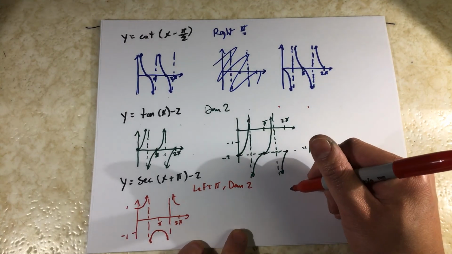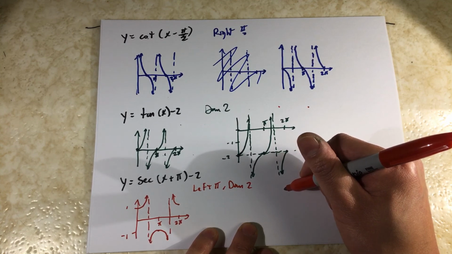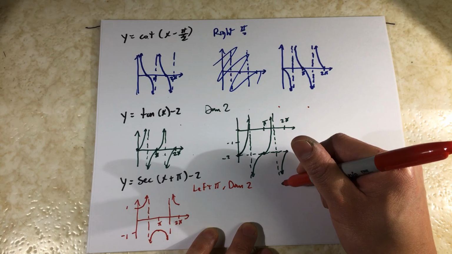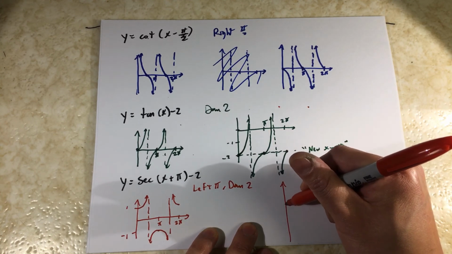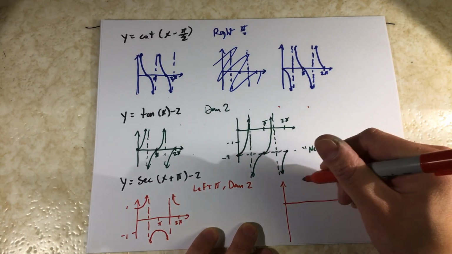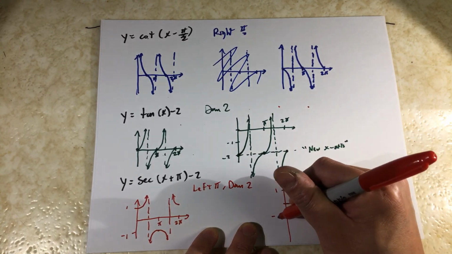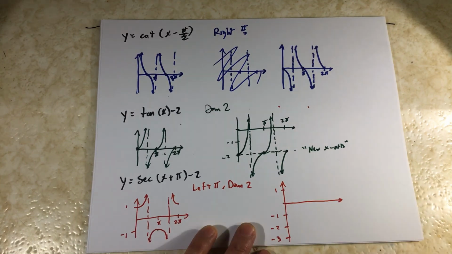Okay, so let's look at this. The first thing I'm going to do is say 0 is over here. Say there's 1, -1, -2, -3.